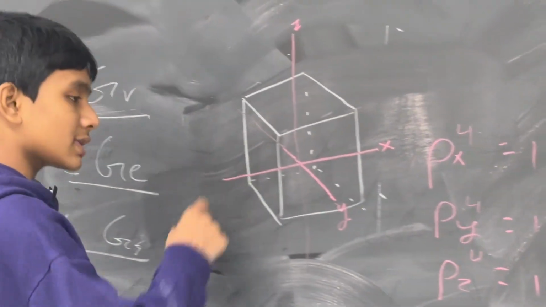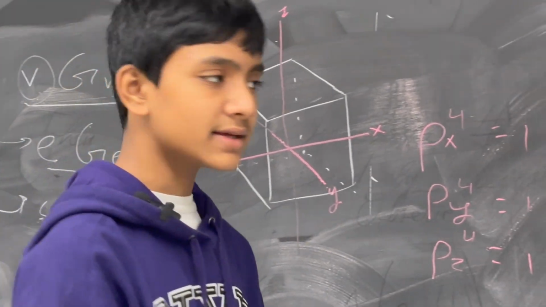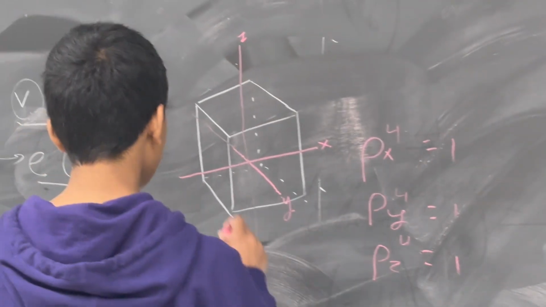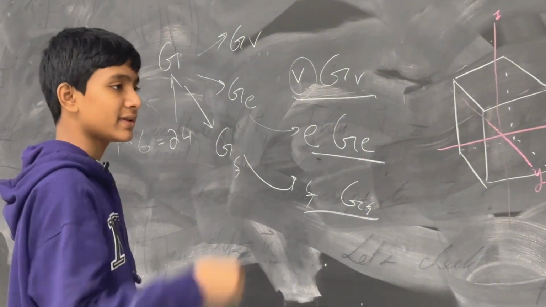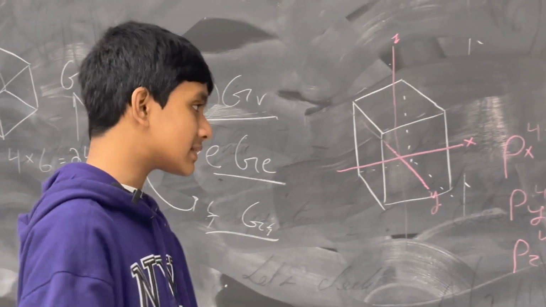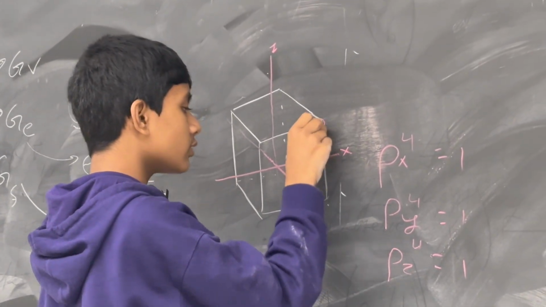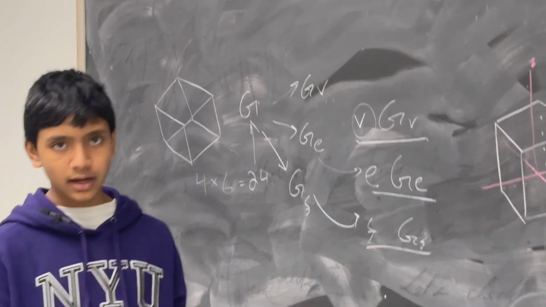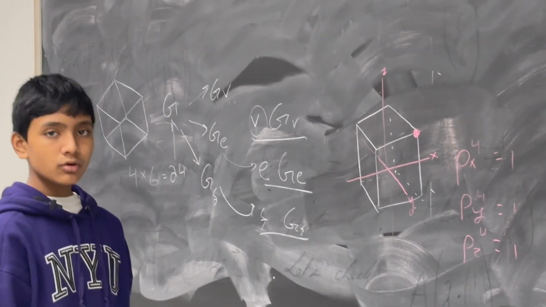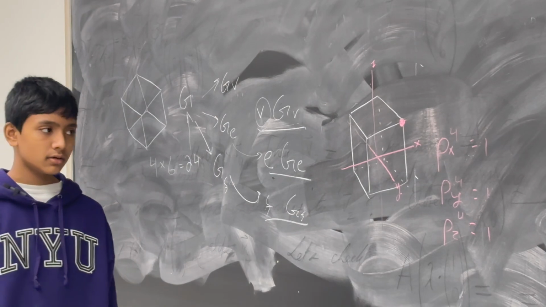So let's figure out what happens when we transform things like this. Let's say I have a specific vertex, one that's really special and that I really want to preserve, like this one right over here. How can I rotate it? Obviously the identity preserves it, but what other rotation can I do to preserve it?